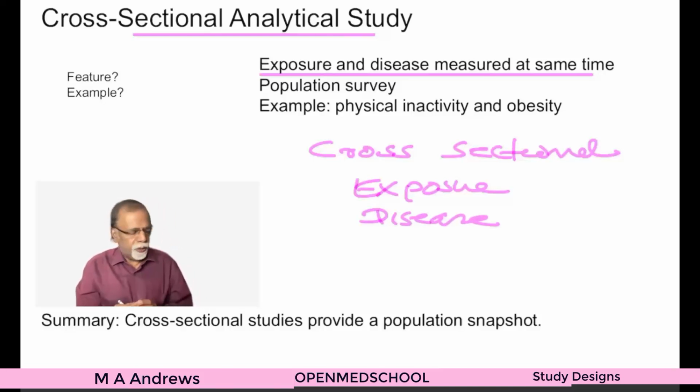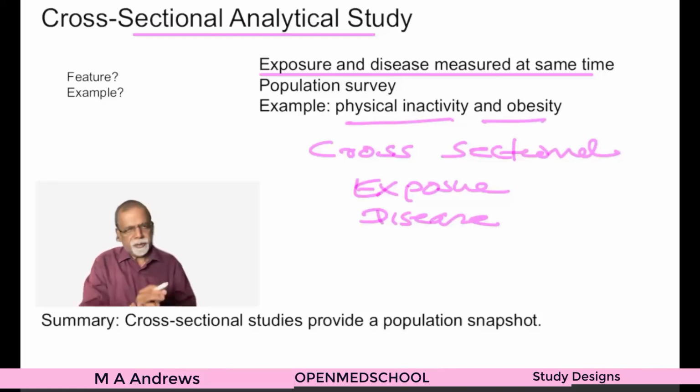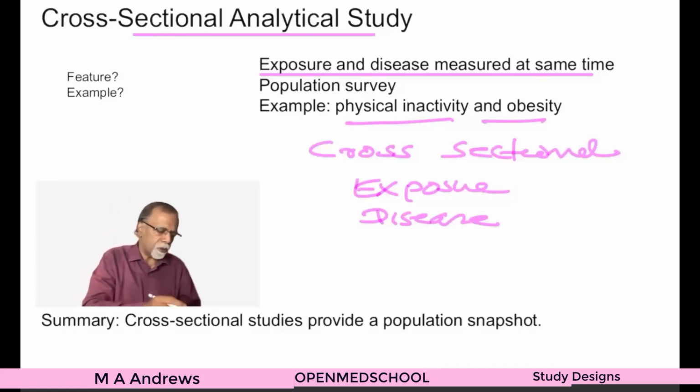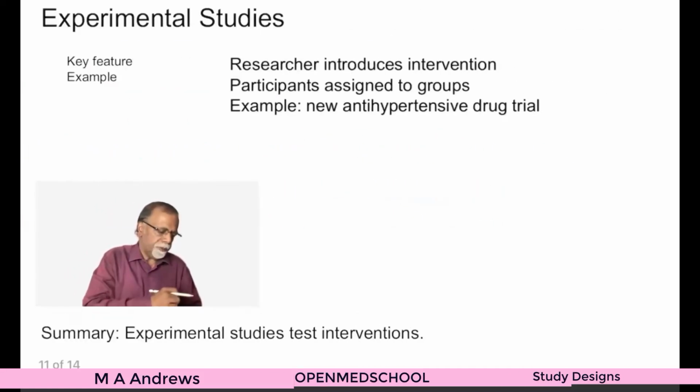Example, you are looking at physical inactivity and obesity. When you are studying this in a population as a cross-sectional study, you are finding out how many people are sedentary and how many people are having obesity. So the exposure and the disease are measured at the same time. So that is a cross-sectional analytical study.